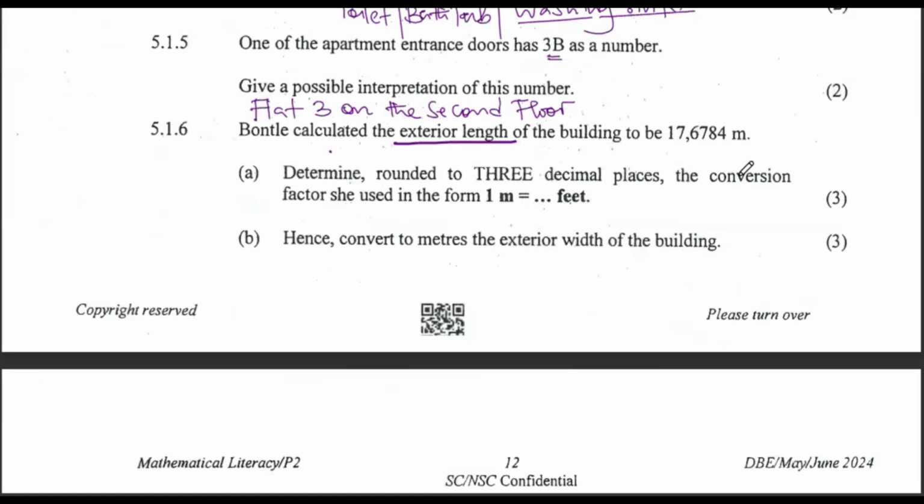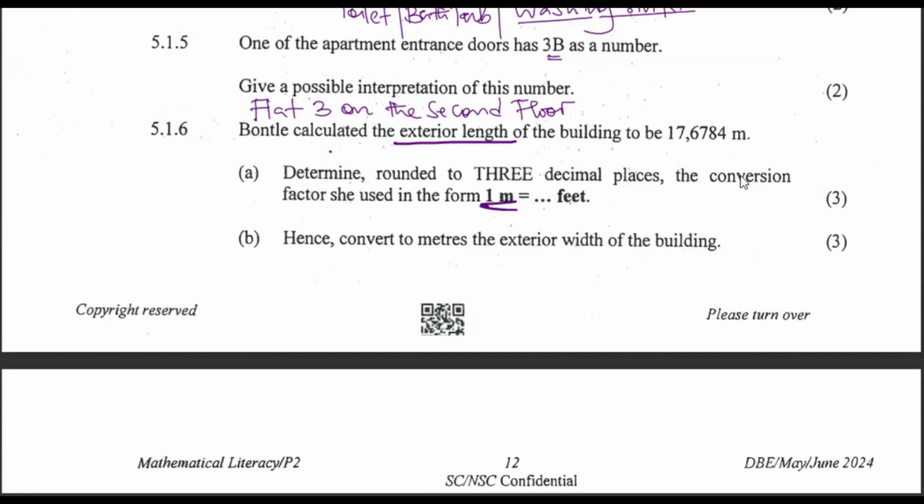17 commas. So we need to find out now, if 58 feet, they give you 17.6 meters. But we need to change it because it starts with meters, so it has to be the other way around. The reason why I'm changing it is that I want to start with meters.